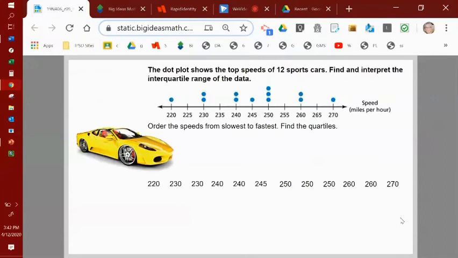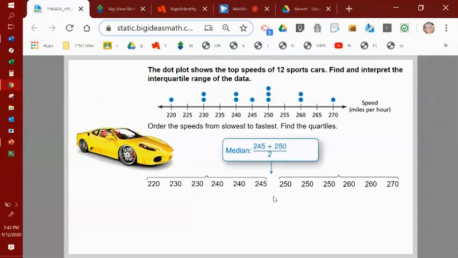We then divide out the data, and as you cross them off, we come up with an even set of data in the middle. So 245 and 250 give us a median of 247.5, which is the average of these two data points.